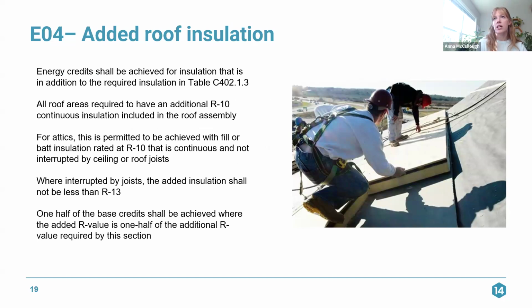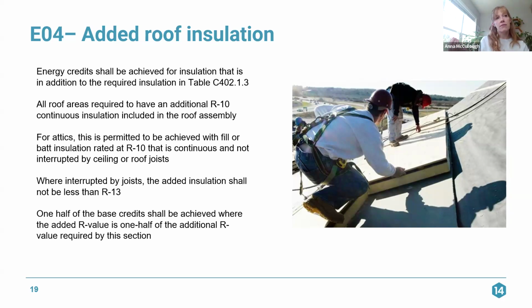Added roof insulation. This is a prescriptive credit where, if you provide insulation entirely above the deck or anywhere where you have continuous insulation, if you provide R10 insulation that is continuous and not interrupted by roof joists, you achieve these credits.